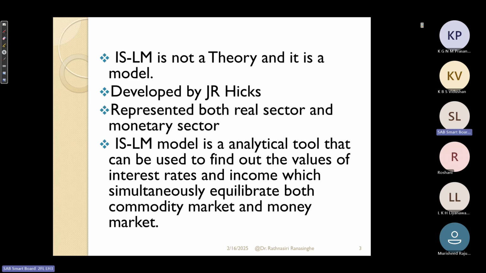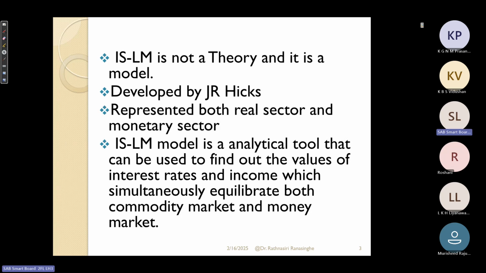As I mentioned, the IS-LM model is not a theory. It is an analytical model that can be used to explain the determination of income and the interest rate. It was developed by J.R. Hicks. It represents both the real sector and the monetary sector.